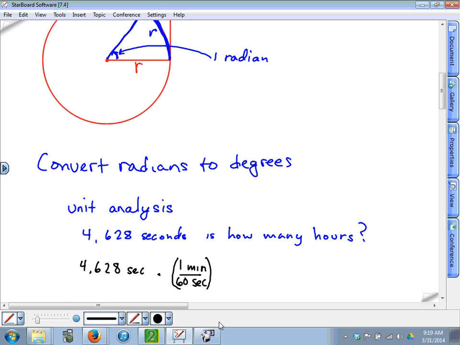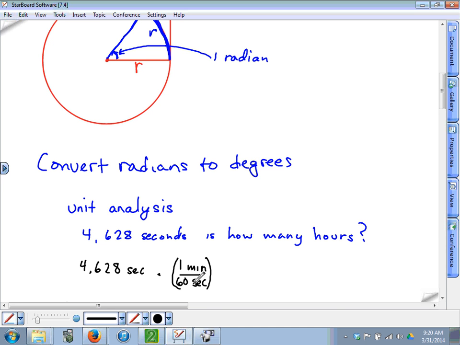Does that look like something divided by itself? No. It doesn't look like it, but isn't it really something divided by itself? Isn't 1 minute and 60 seconds the same thing? So what's the value of 1 minute divided by 60 seconds? It's just 1.